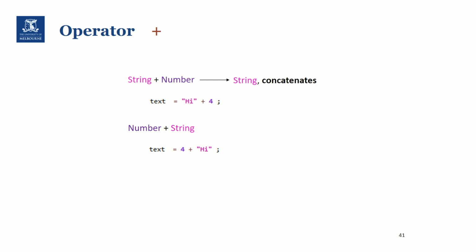In this example that starts with number 4 and then plus hi, the program will give you an error message. And this is because when the program reads the codes from the left to the right, it will first see the number 4 and then plus. So it will try to do the addition with the next value, and then seeing it's a text, it cannot perform addition anymore, so it gives an error.